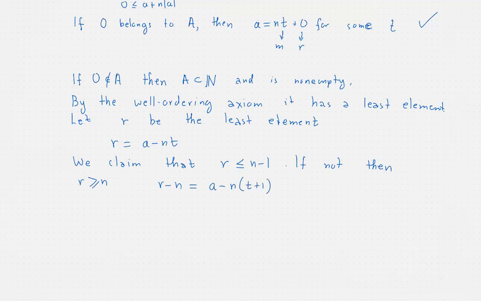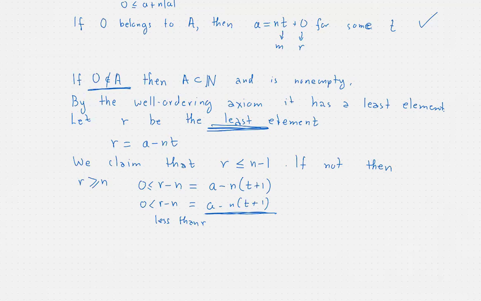In fact, we suppose that 0 doesn't belong to A, so we could say that R minus n is greater than 0, right? And it's certainly less than R. And it bears the description that the elements of A have, and that's a contradiction to the fact that this was the least element. Okay, so if R hopes to be the least element, then it better be less than or equal to n minus 1.